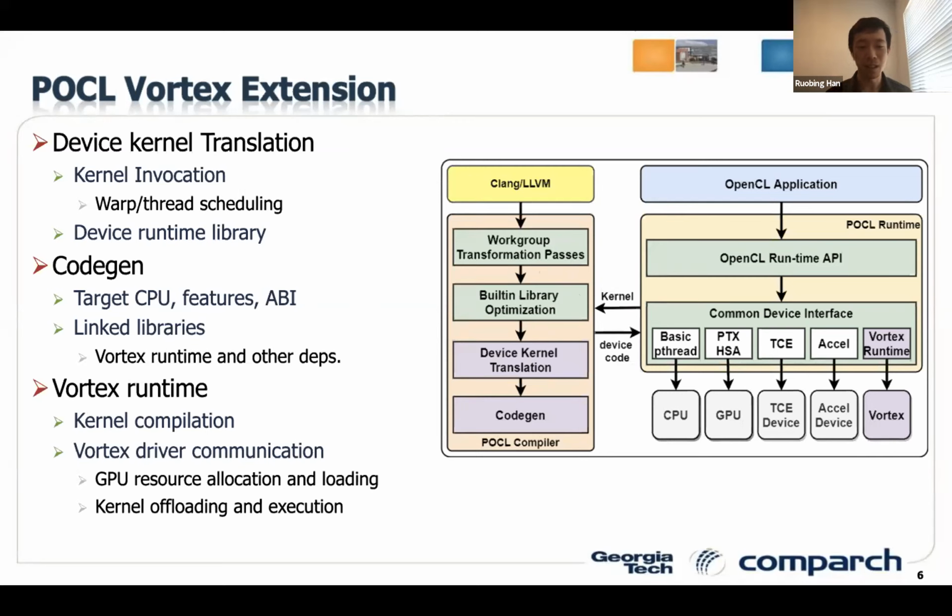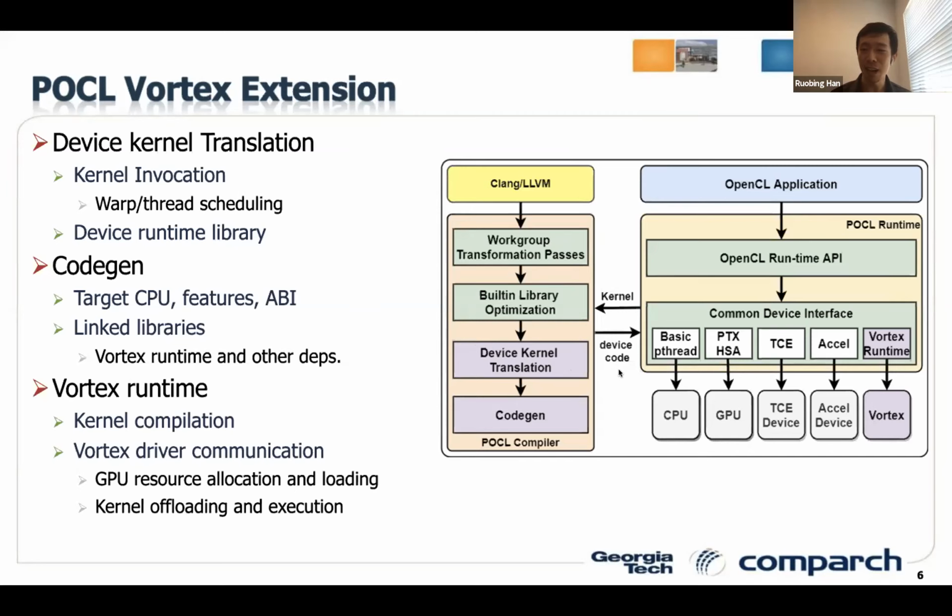Before we generate the binary, as Vortex has a different backend interface, we have to use device kernel translation to translate the kernel programs generated by POCL into our own format, which has the interface POCL and Vortex need. After that, we get the device code.